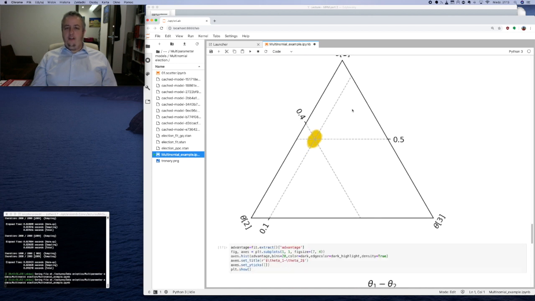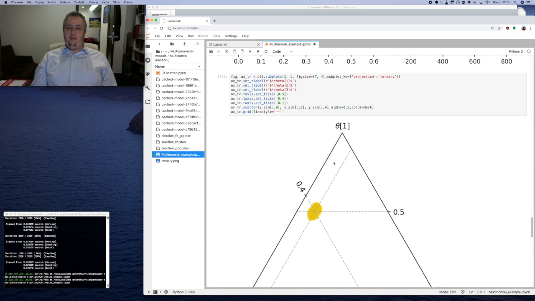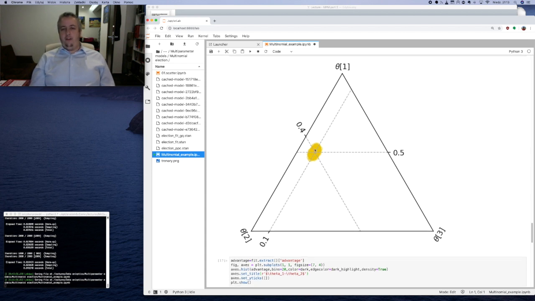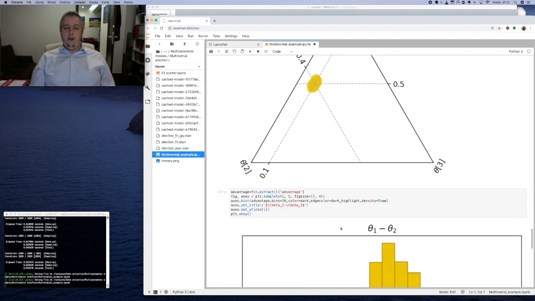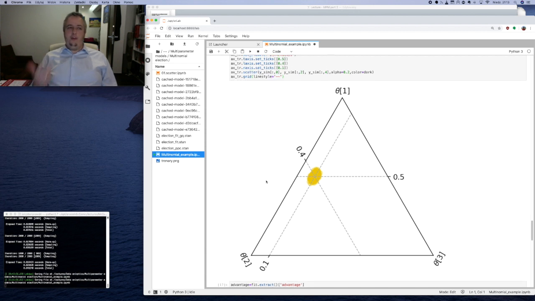We can see that the joint probability distribution of the theta parameters is very densely located around the appropriate intersection of values, around the point 0.5, 0.4, and 0.1. This is a nice visualization, useful only for three possible categories.